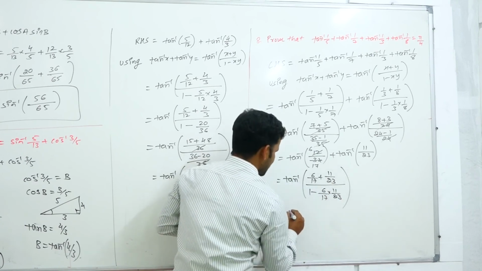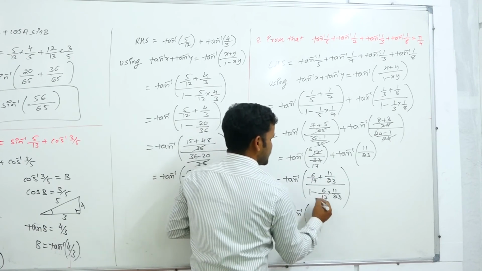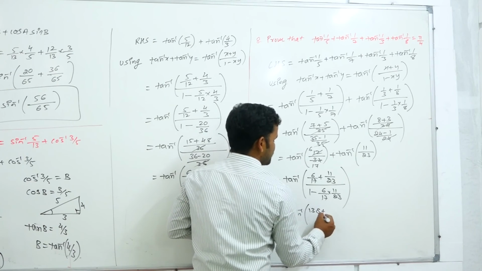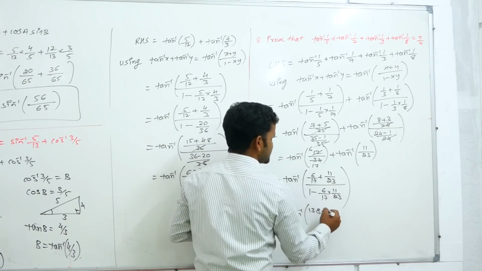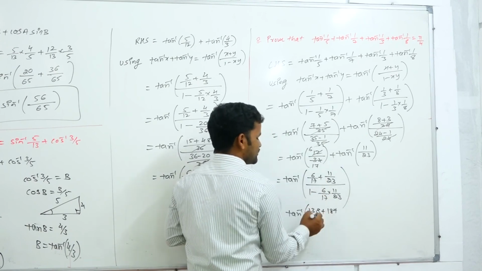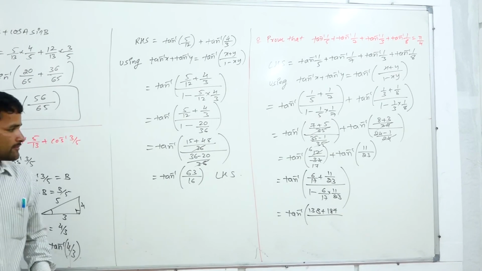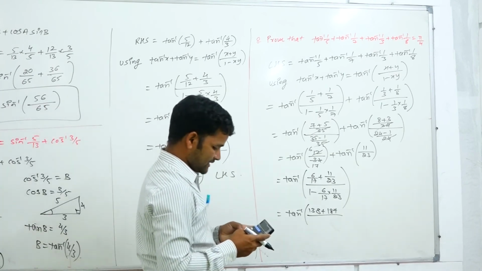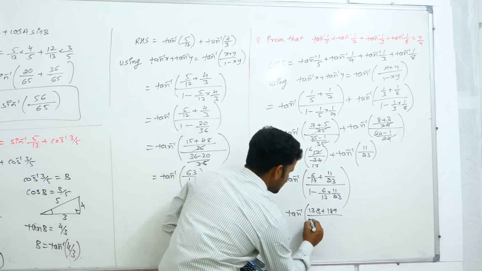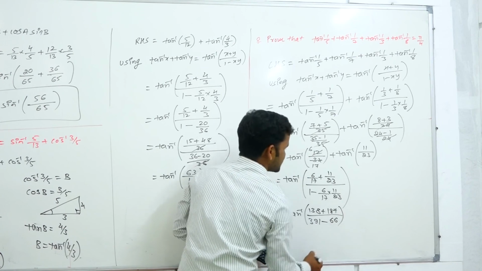This one you cross multiply. Tan inverse of 6 into 23 is 138, plus of, this is 187. The numerator and denominator, any of them get cancelled, we are leaving it. 17 into 23, that is 391, minus of 66.